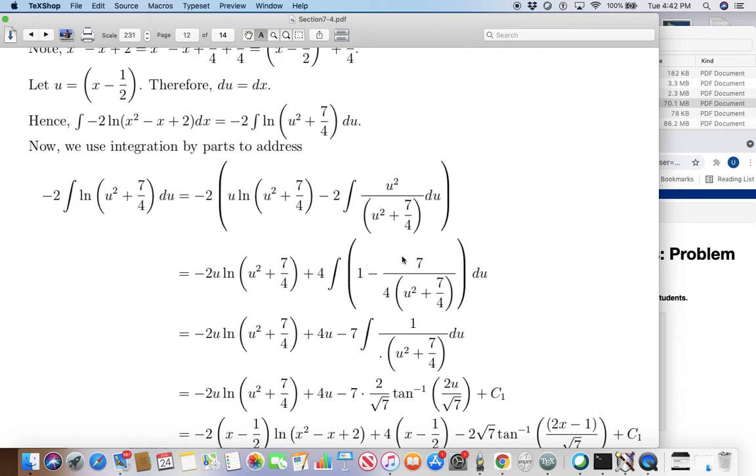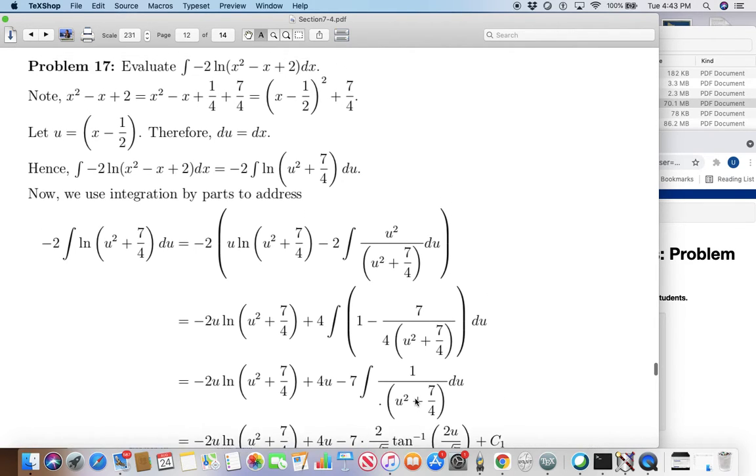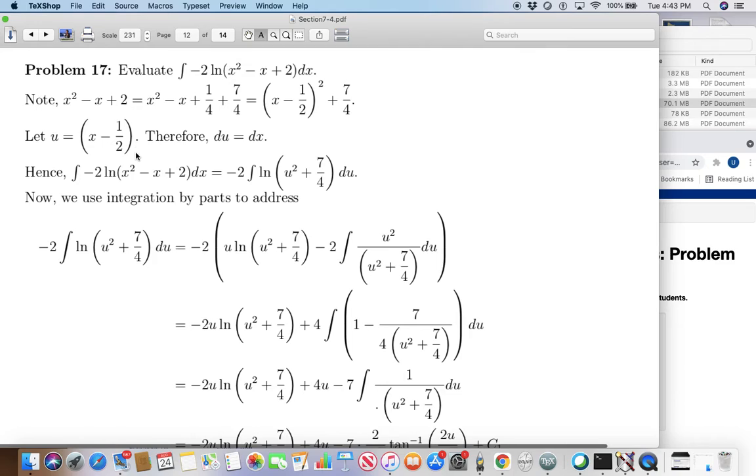Now minus integral of 7/4, 1 over u squared plus 7/4, so that 4 cancels the 4, so that quarter is gone. This quantity is nothing but tan inverse, integral of this quantity. So notice we are using many things here. One is a substitution. After substitution, because it's natural log of something, use integration by parts.